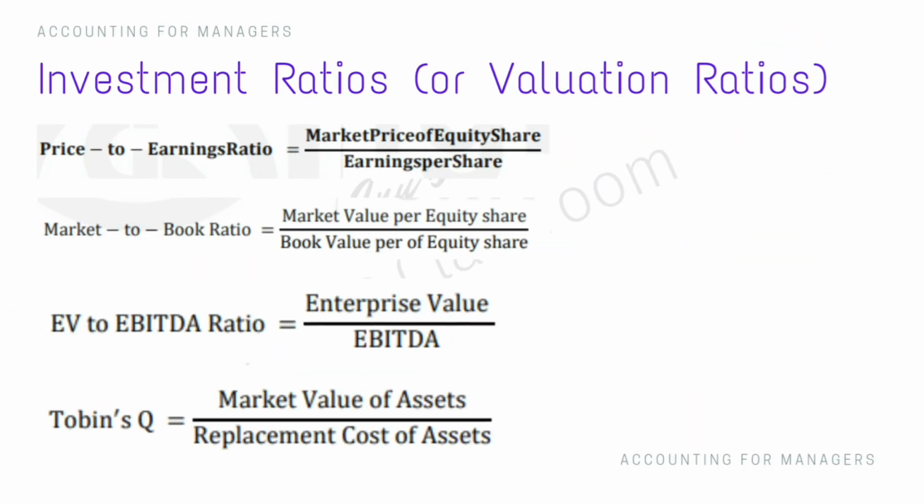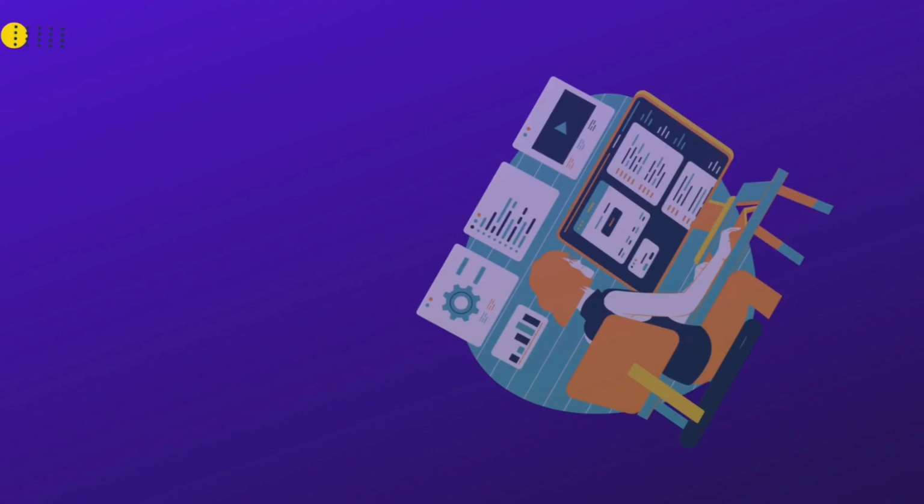Then we have investment ratios or valuation ratios, which are the price to earnings ratio, that is the PE ratio, market to book ratio, and EV to EBITDA ratio, that is enterprise value to earnings before interest, tax, depreciation and amortization. And then we have Tobin's Q, which is the market value of assets divided by the replacement cost of assets.